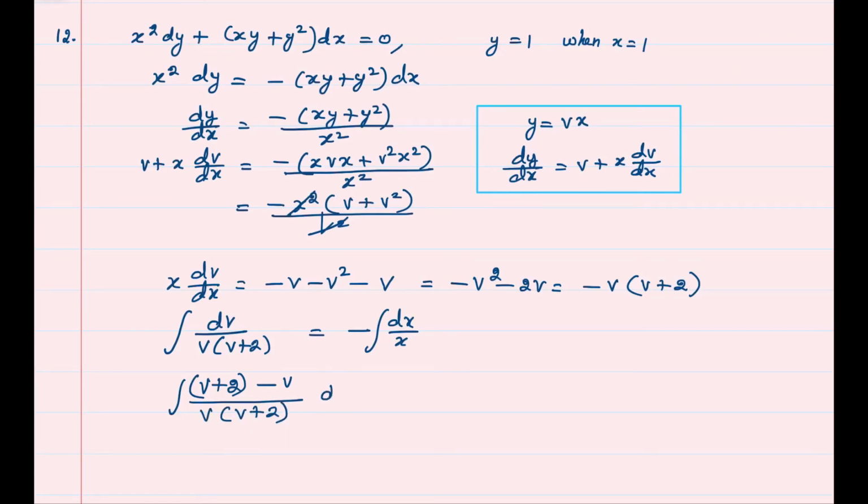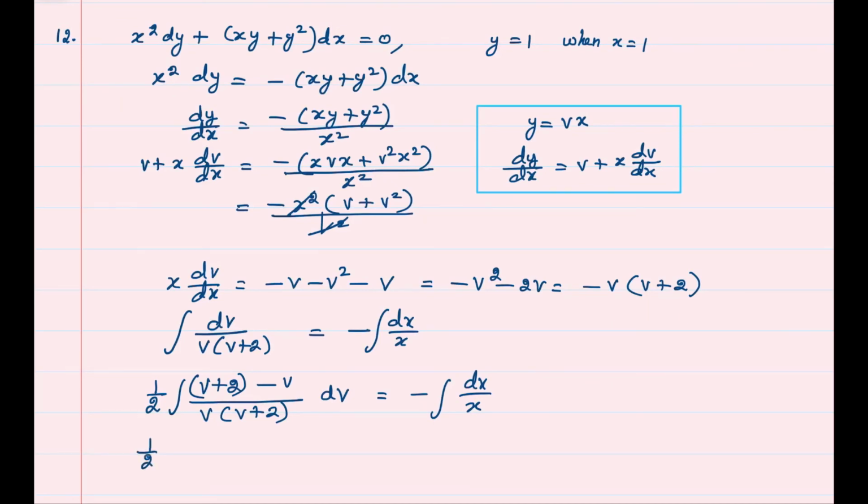If you simplify the numerator, v gets cancelled, 2 will remain. Therefore, to cancel that 2, we will write half, which is equal to minus integral dx over x. Or do by partial fraction method. We can take it as a by v plus b by (v plus 2). Find a and b, then integration will be easier, log of v and log of (v plus 2).